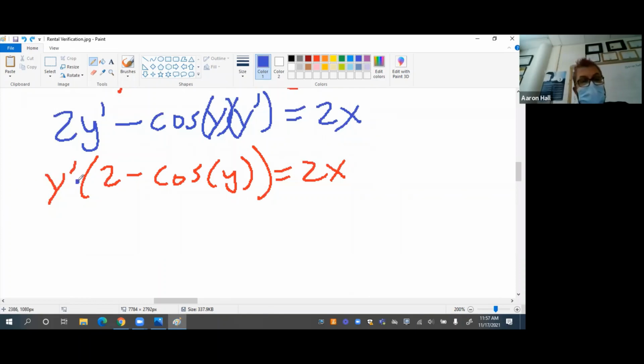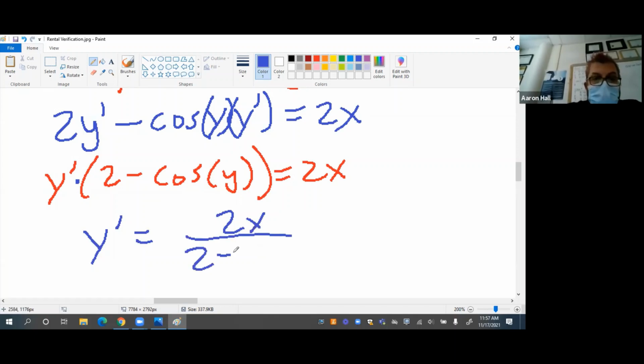My goal is to get y by itself, so I have y prime equals something. Nice. So I have y prime equals 2x over 2 minus cosine of y.